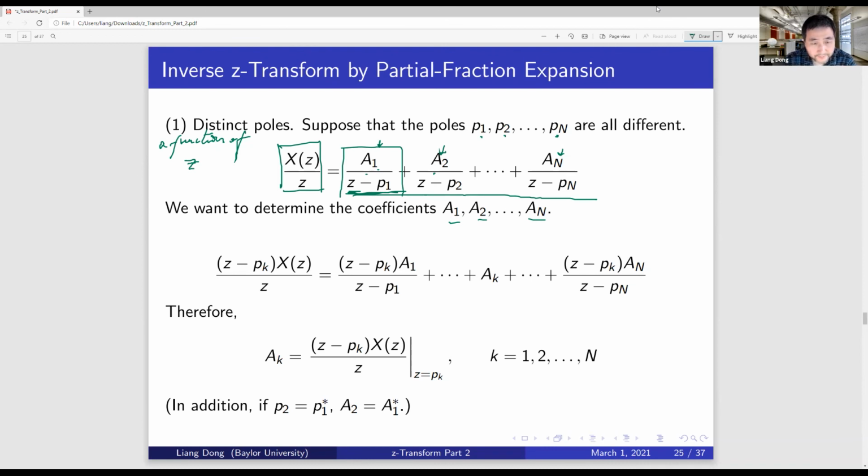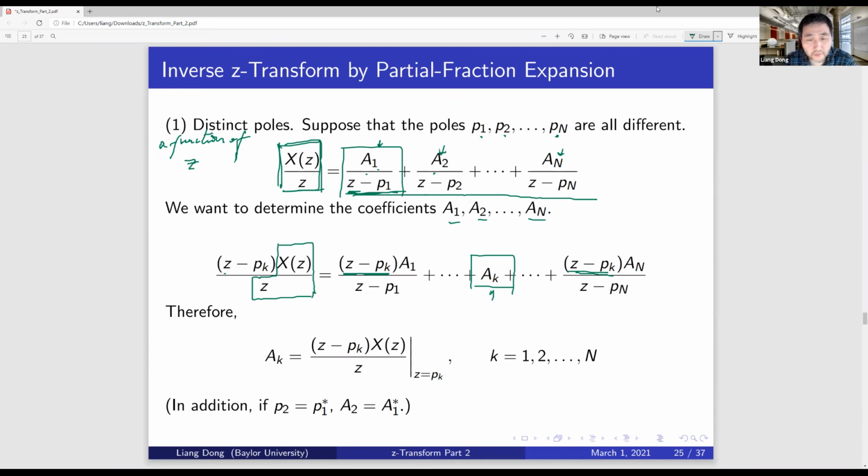So we observe that if I multiply this left term by a factor z subtract p sub k, which is a factor including one particular pole, p sub k, then on the right-hand side, all these smaller terms will be multiplied by z subtract p sub k, except one term in the middle, where z subtract p sub k cancels out.